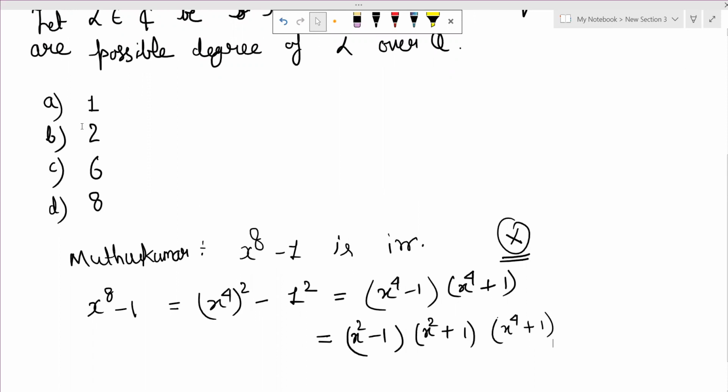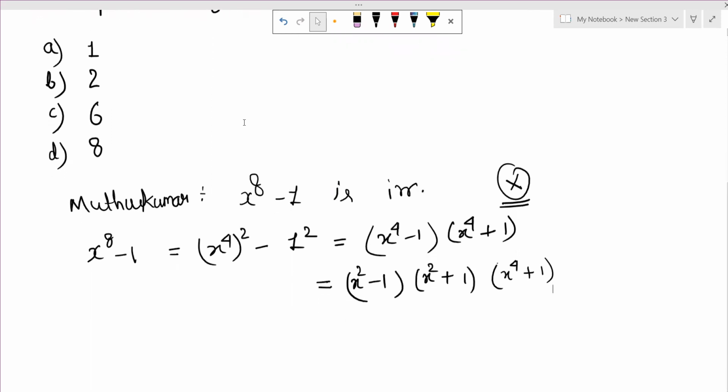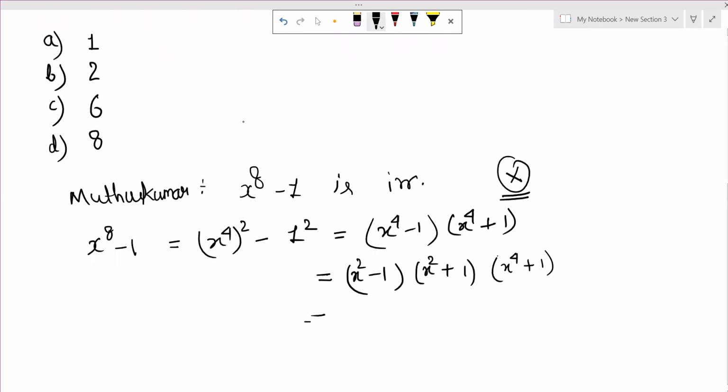Then alpha should be a root of one of these polynomials, either x squared minus 1 or x squared plus 1 or x to the power 4 plus 1, right? Muthu Kumar, do you agree with me or not? Yes, we can further reduce x squared minus 1. So you can write it as x minus 1, x plus 1, x squared plus 1, and x to the power 4 plus 1. And now you can check that all these are irreducible.